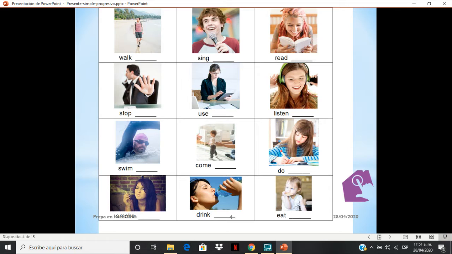Do you think you have to add the double M according to the rule? What do you think? Yes, we have to add a double M because swim has only one syllable.